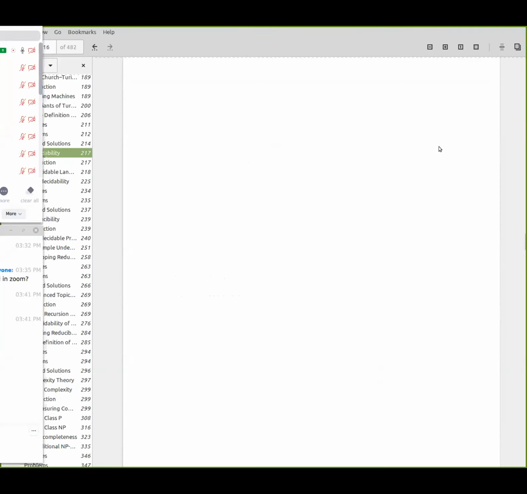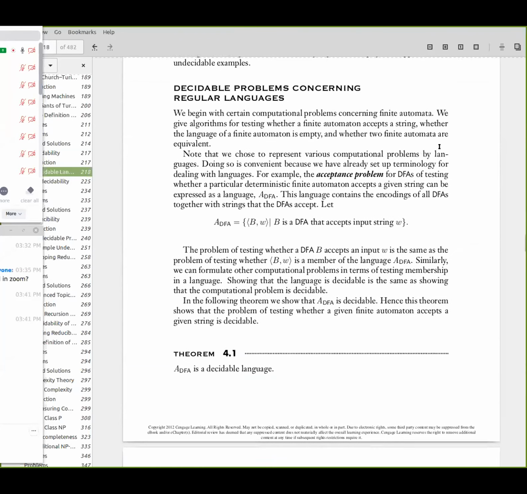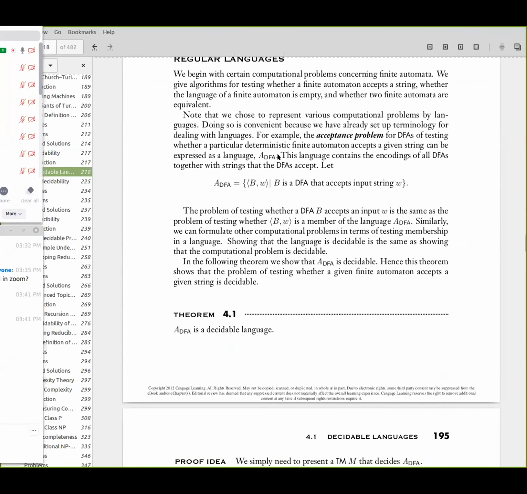So here is chapter 4 in the textbook, and the things that they talk about are all languages that are described in a format like this. For example, A sub DFA is the language of pairs B and W, where B is a DFA and W is a string, and the pairs that are actually in the language A_DFA are pairs of DFAs that accept the string that's given in the pair.